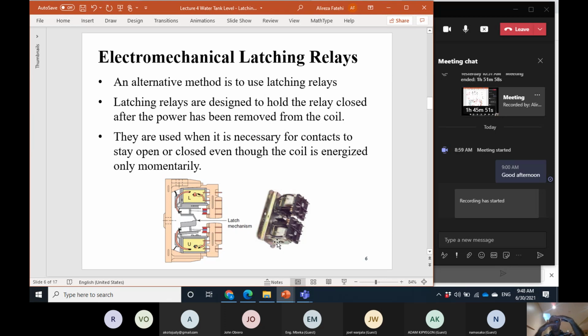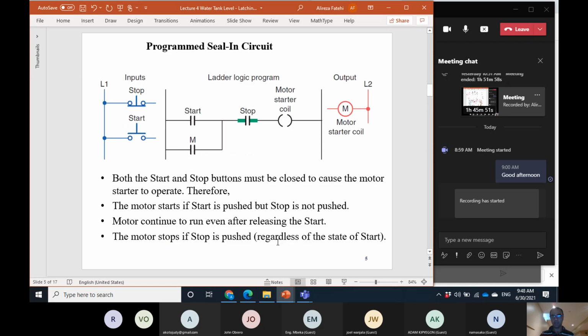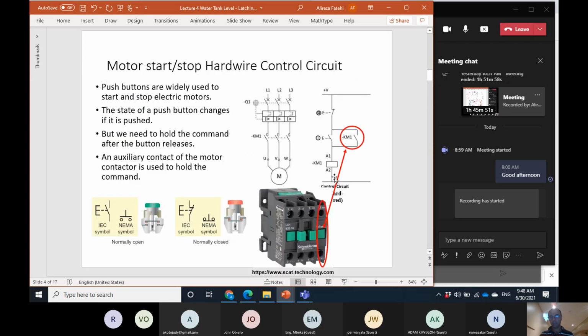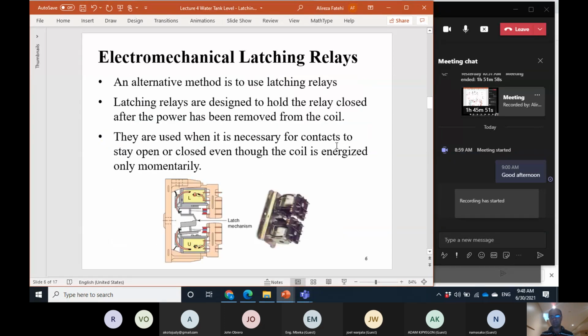In that case, it opens. So there are two commands, one for latching and the other for unlatching. One for closing, the other for opening. There are two separate commands, but here we had just one command. If we energize this, this closes. If we de-energize, it opens. But this time we have two coils.